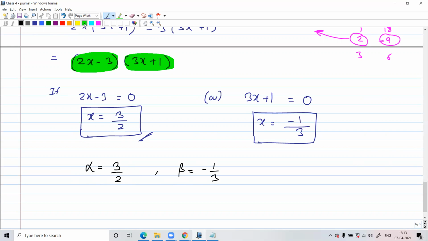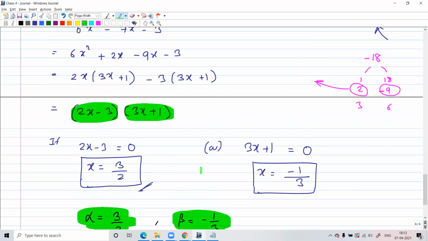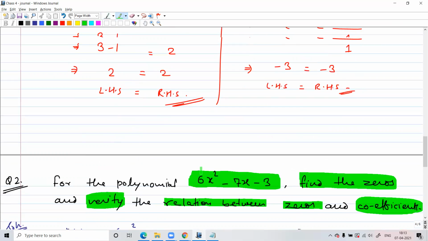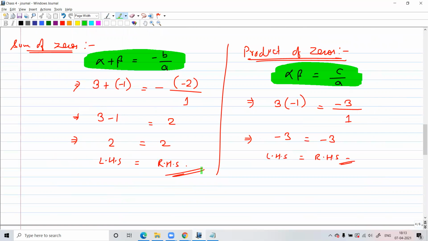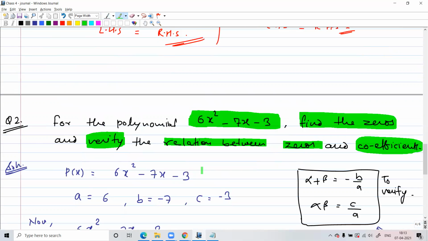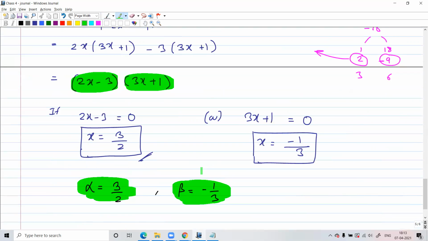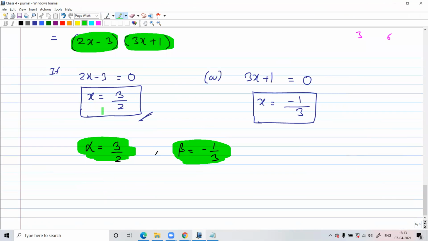Everyone is with me so far? Alpha and beta, now we have found it and you will do the verification, I'm not going to do that for you. Just now we did this verification, right? Alpha plus beta is minus b by a, alpha into beta is c by a. So try to do that verification for this.